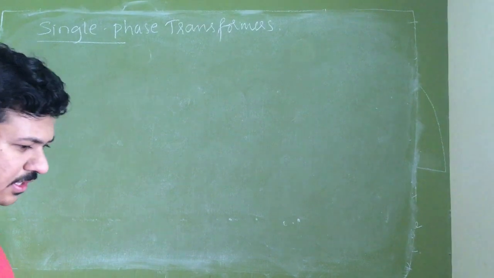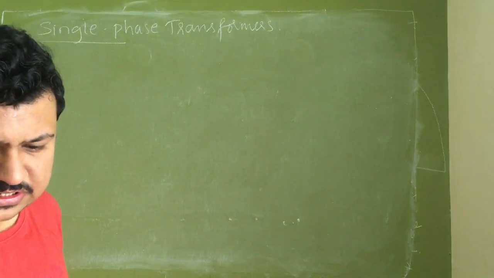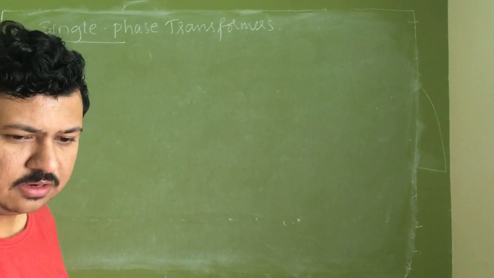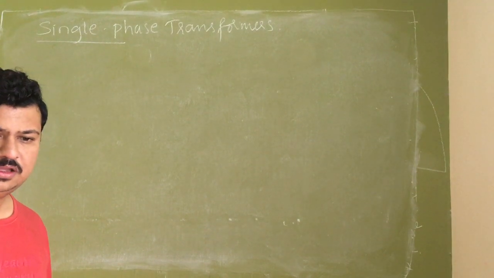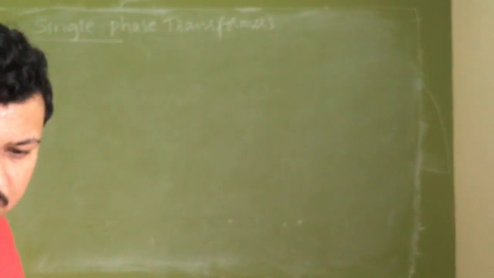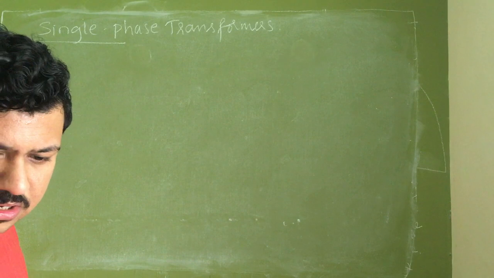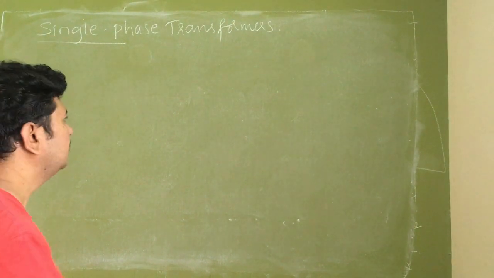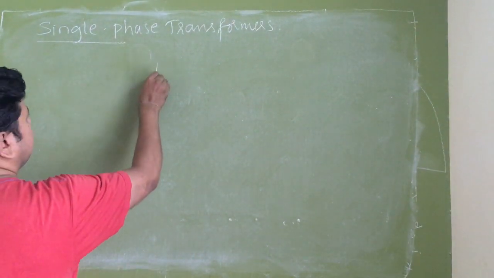So before we exactly go into single phase transformers, let us see what are the different types of electrical machines we have, and what are their duties and what are their applications. So this is also an electrical machine.